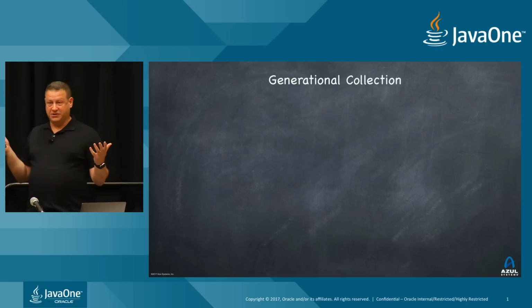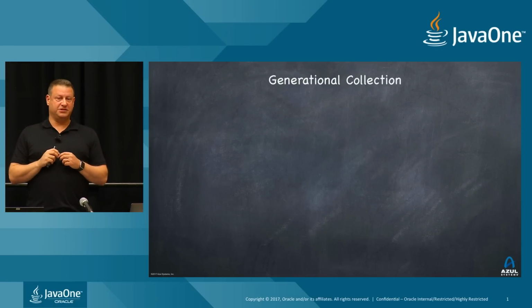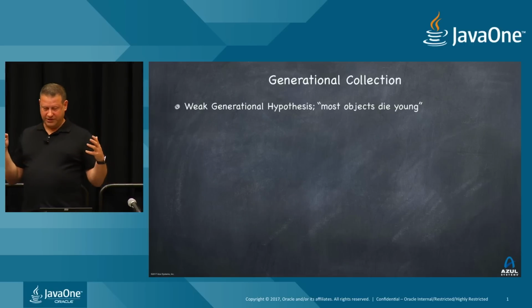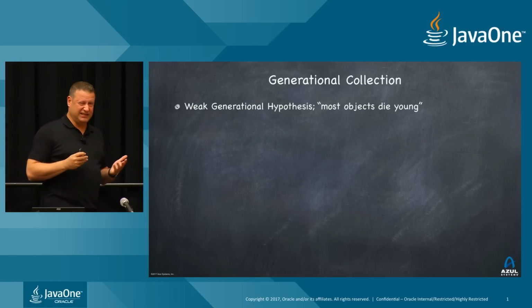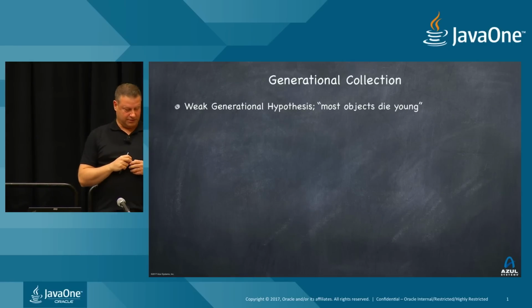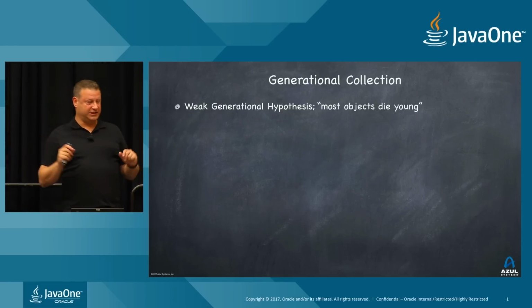Let's talk about generational collection that brings some of these things together. I talked about the efficiency and the linearity of these algorithms for a reason. Generational collection is a really cool thing that was introduced at about 1984 based on this observation. It's called the weak generational hypothesis, and it is: most objects die young.